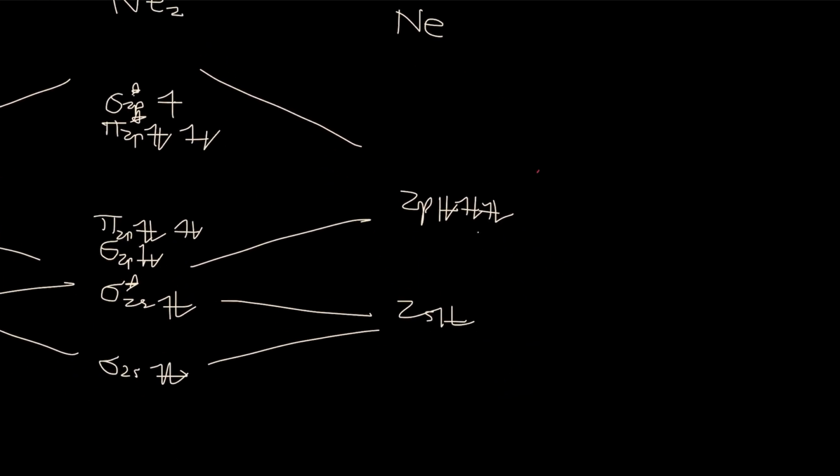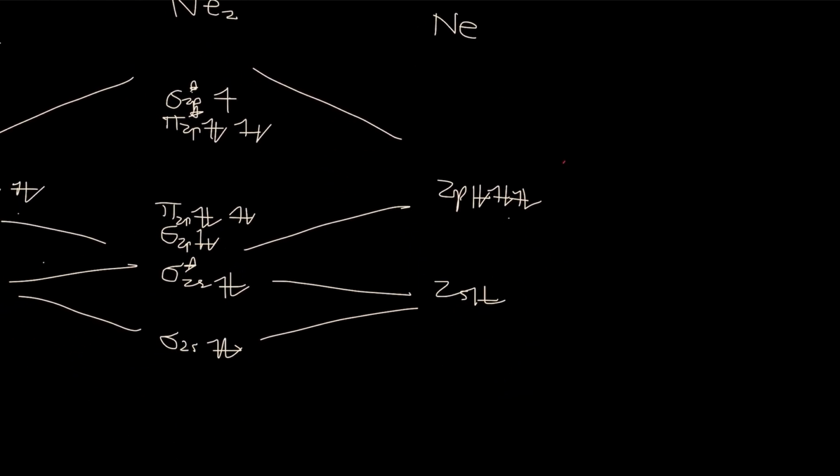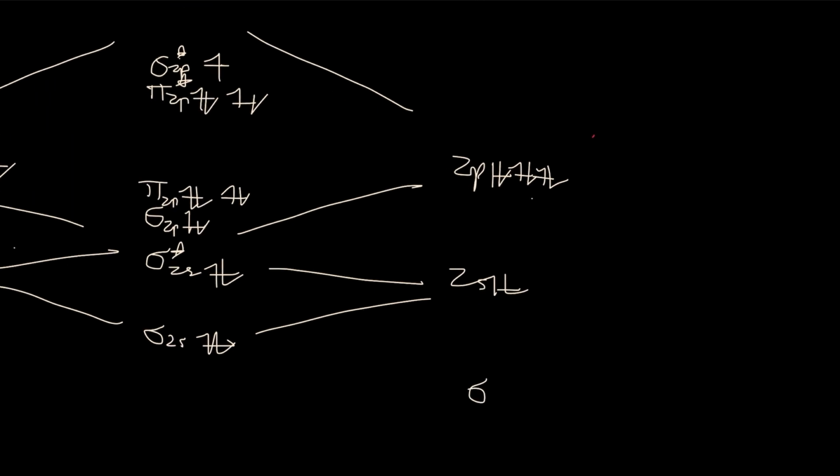Now, some questions that they will ask you is to write out the configuration of a molecular orbital, such as a valence molecular orbital configuration. So you're only going to do the valence starting at 2s.